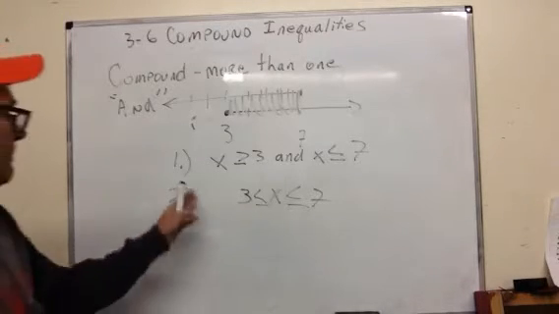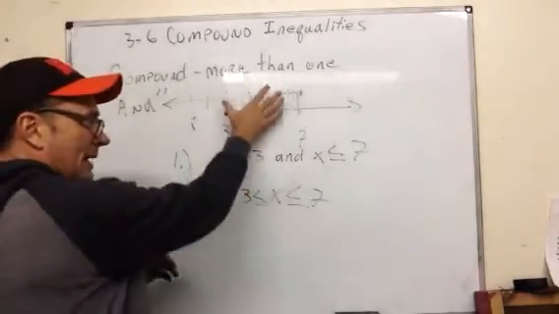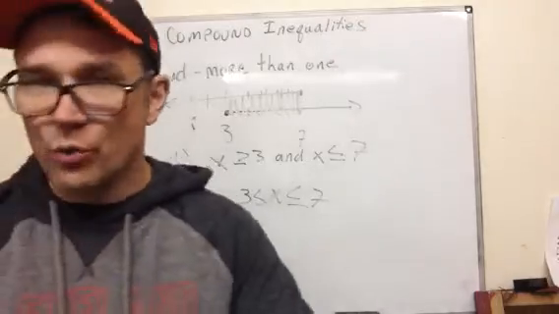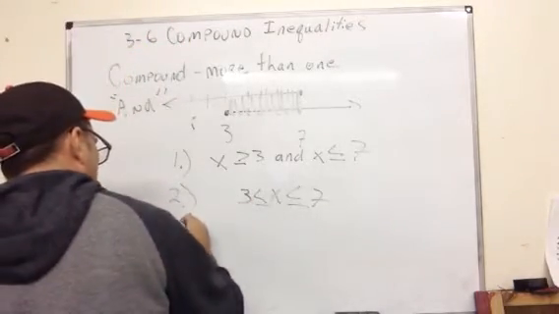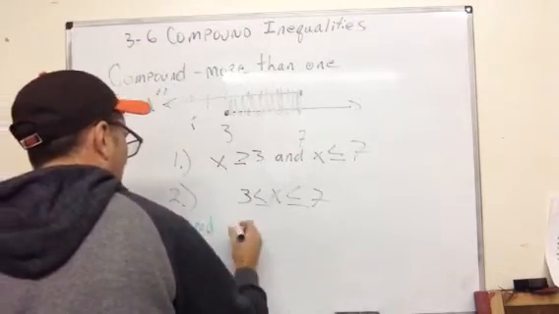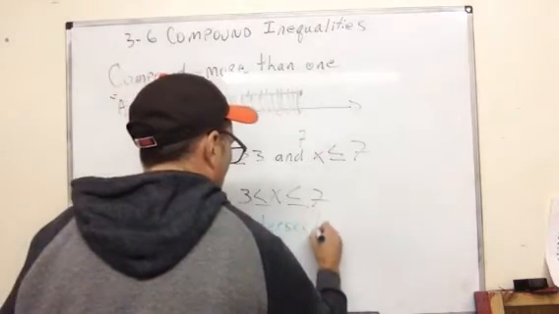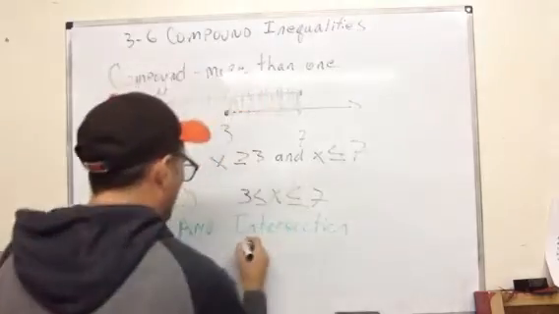Now graphing them, when we graph them, we want to graph the intersection. So I want you to write that down. With and problems, it's the intersection. It's where they overlap.